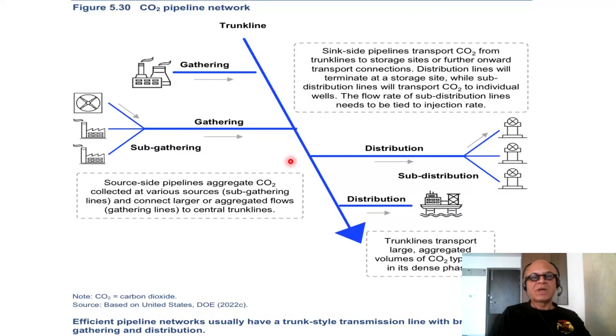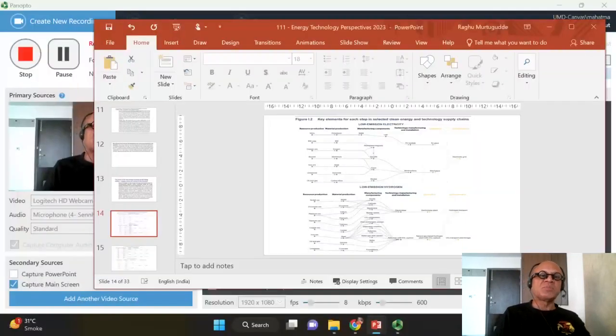This is the CO2 pipeline network, like the H2 pipeline, gathering, subgathering, distribution, and then trunk lines transporting large aggregated volumes of CO2, typically in its dense phase. So efficient pipeline networks usually have a trunk-style transmission line with branches for gathering and distribution. Again, these are future visions, optimistic visions in terms of relying on technological promises.